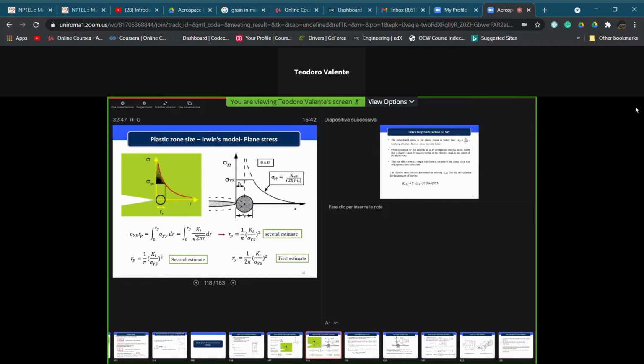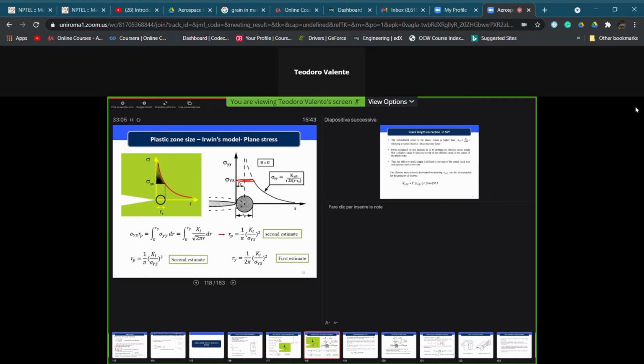We can then make some other considerations. You see here, we are going to block the value of the stress at the value of the yield stress of the material itself.